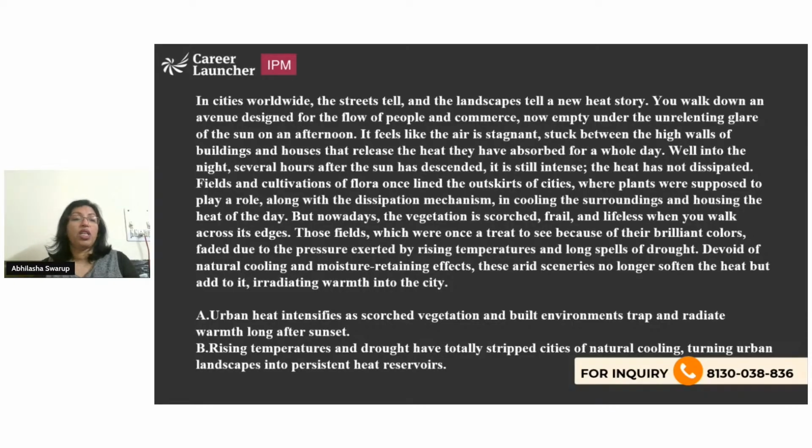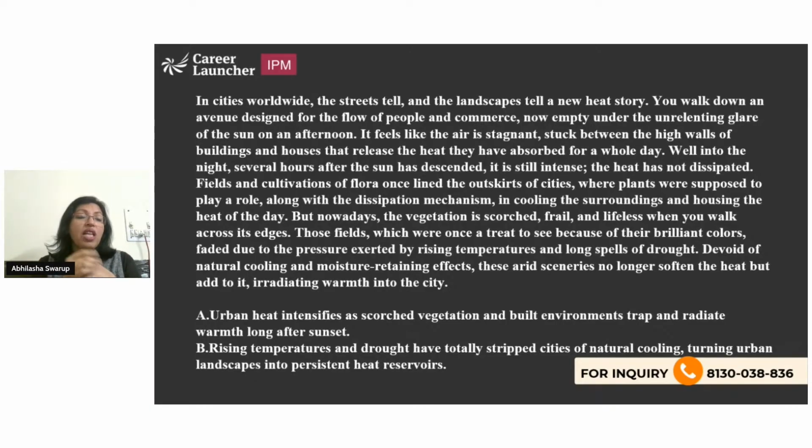It has not dissipated. Fields and cultivation of flora once lined the outskirts of the cities where plants were supposed to play a role, along with the dissipation mechanism in cooling the surroundings and housing the heat of the day. But now the vegetation is burnt, it's frail, and it is lifeless. So those fields which were very beautiful have faded because of this heat and the drought that is happening.